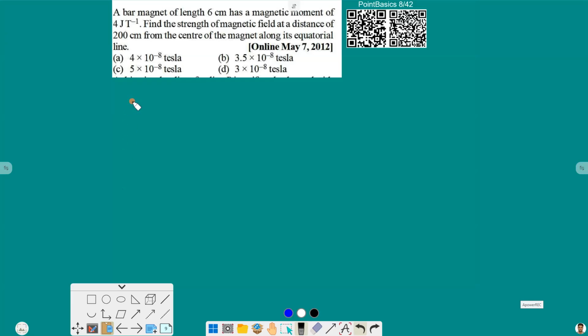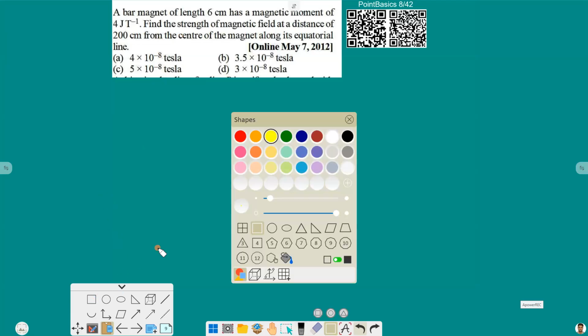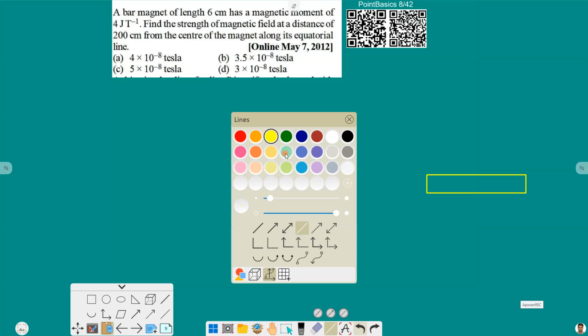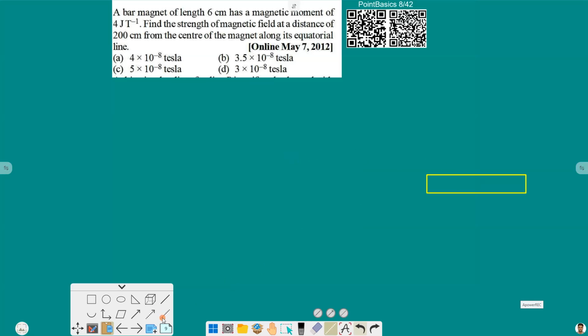A bar magnet of length 6 centimeter has magnetic moment is given. Find the strength of the magnetic field at a distance 200 centimeter from the center of the magnet along the equatorial line. So suppose this is our magnet. We have to find magnetic field along the equatorial line, this one.